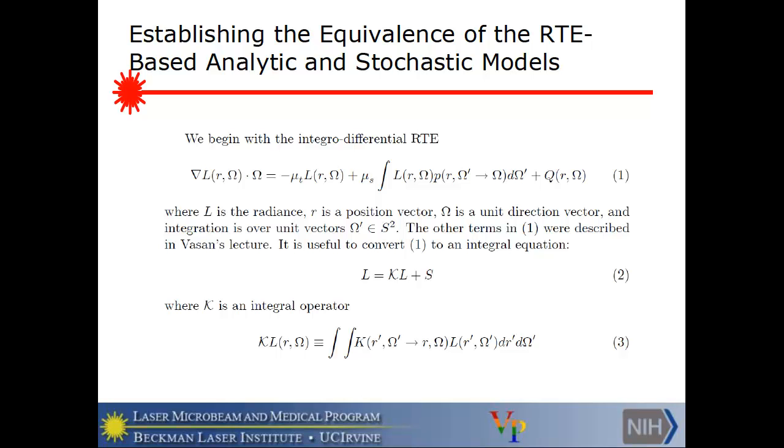And if you multiply that by L, that describes the action of the operator script K on L. So is it clear this integral operator takes a function, the radiance, and maps it into another function, which is this integral, which is still a function of r and omega, same five variables. So integration is a linear operation on L.